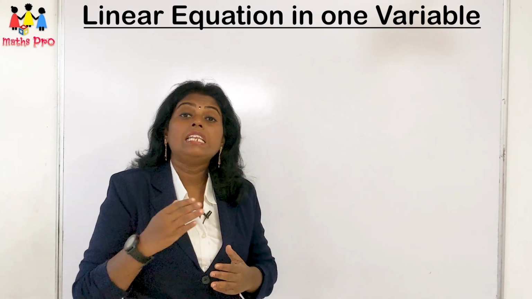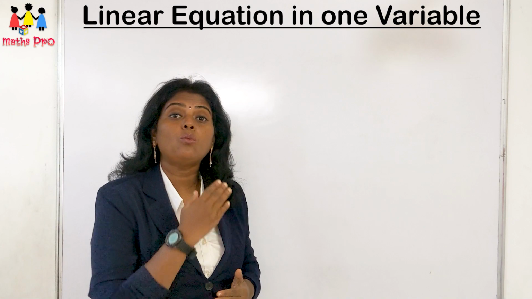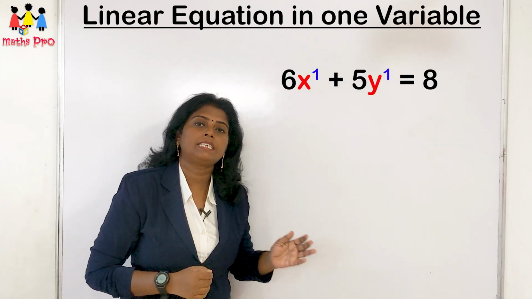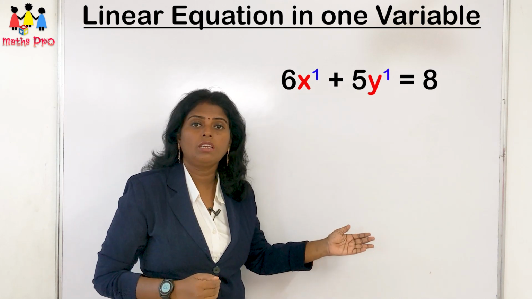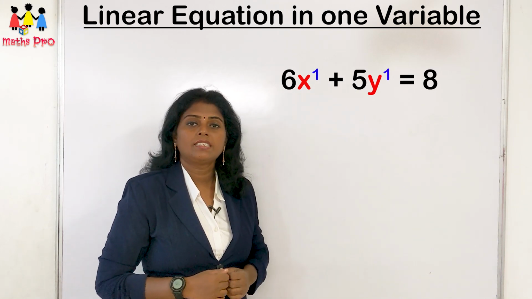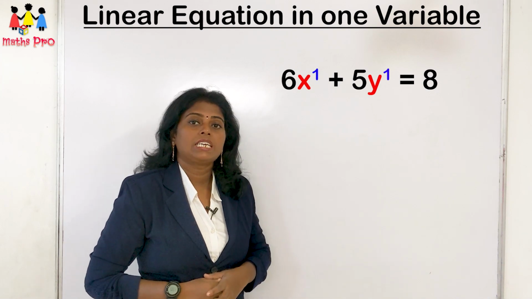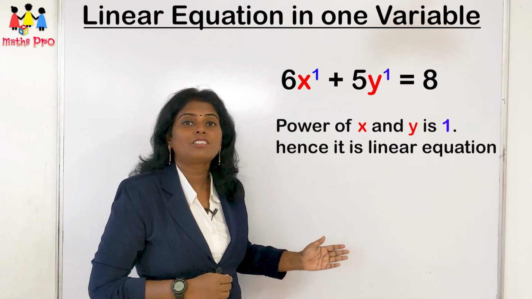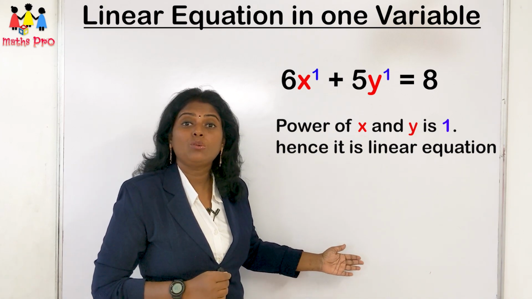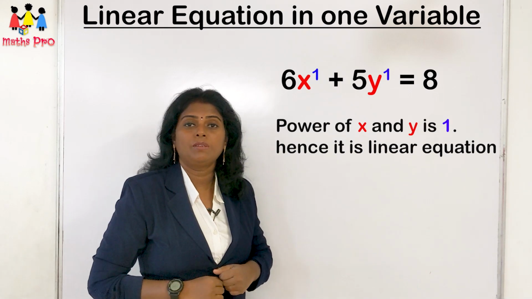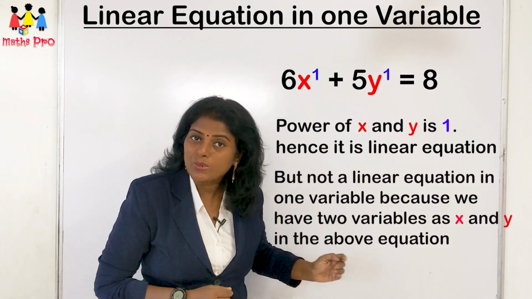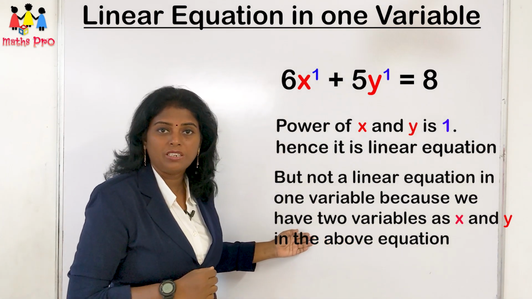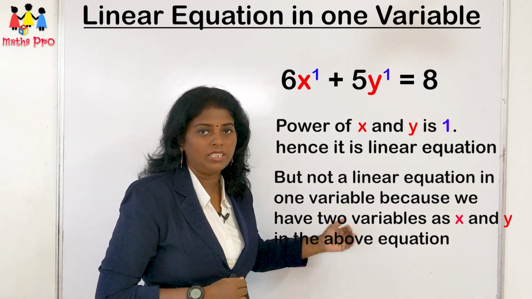Next, linear equation in one variable. For example, 6x plus 5y equal to 8. This is also an equation and a linear equation, but it is not a linear equation in one variable because it contains two variables, x and y.